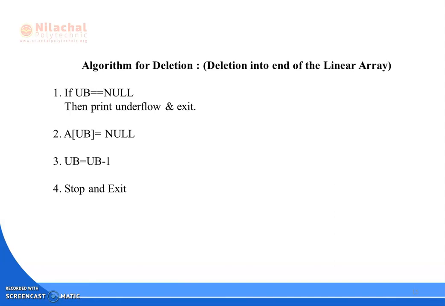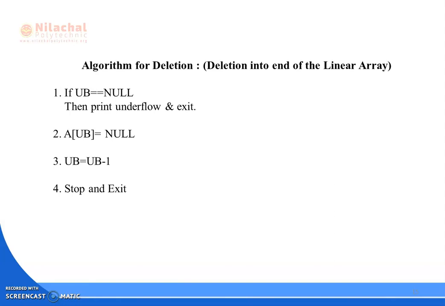Or a of 2, we can say, is the final last position. In both ways it is satisfying the deletion of the end element of the linear array, as the value of the upper bound position was set to null, so the data is deleted.